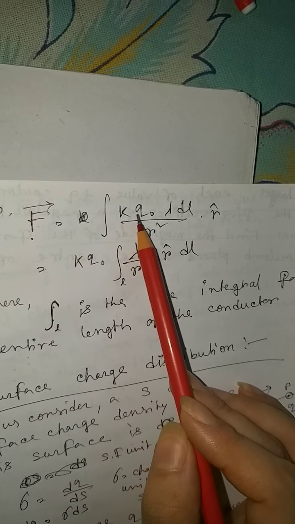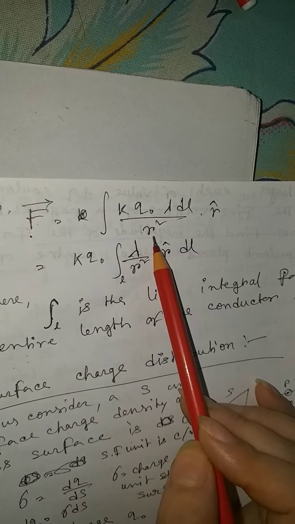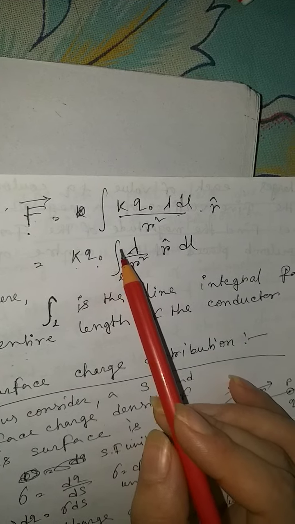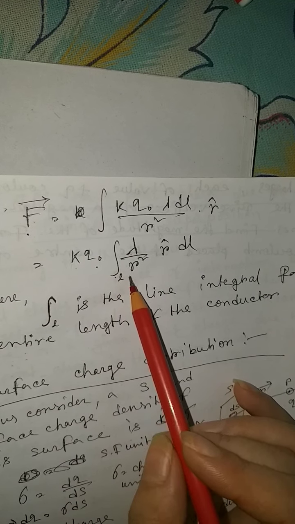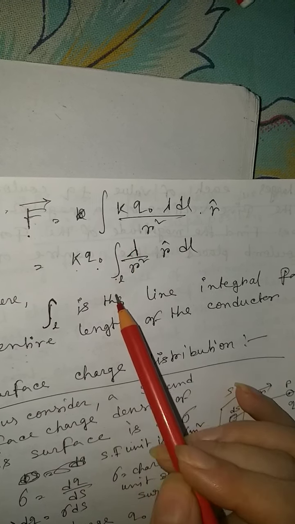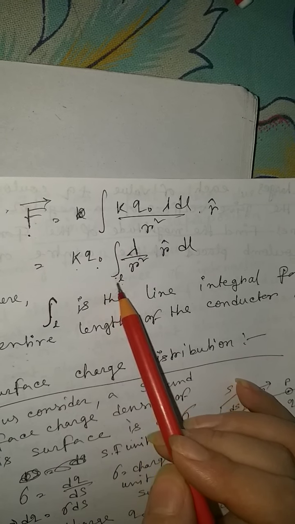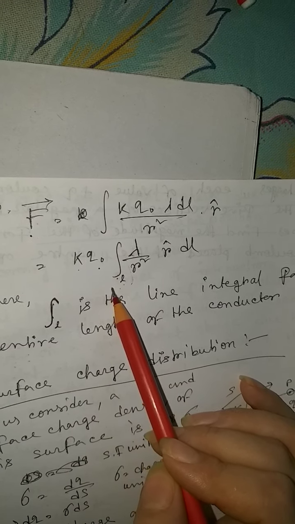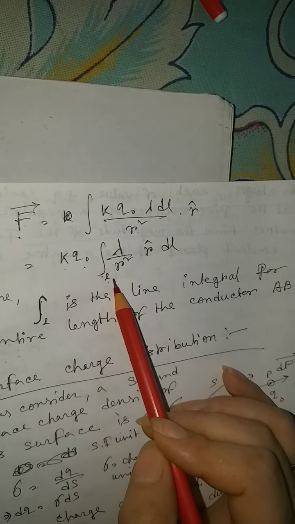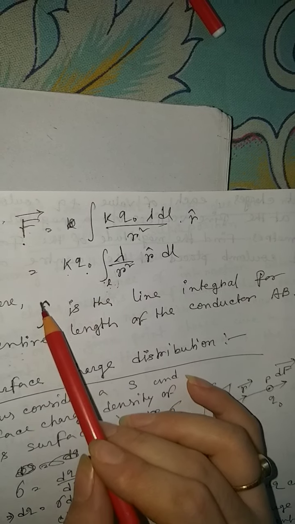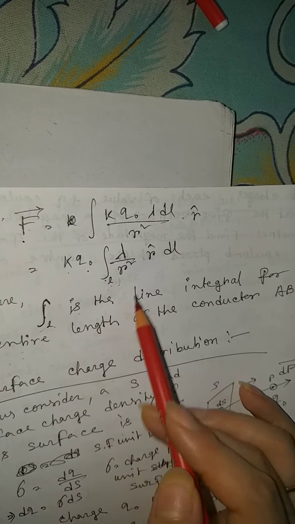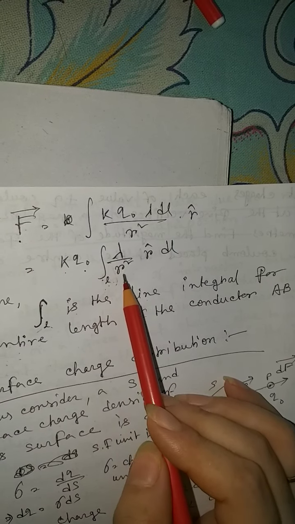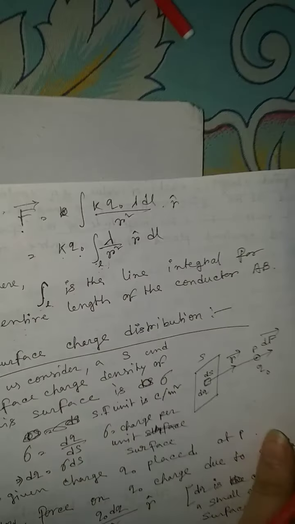So integration of k q naught lambda dl by r square into r cap. k into q naught is constant, so it comes out of the integration. The integral over L indicates a line integral: line integral of lambda by r square into r cap into dl.